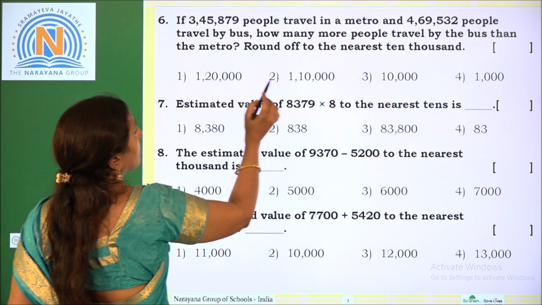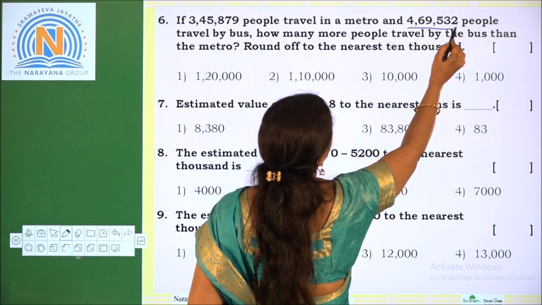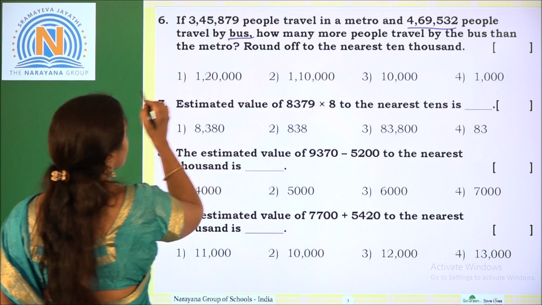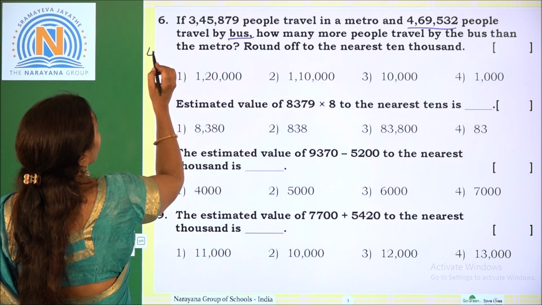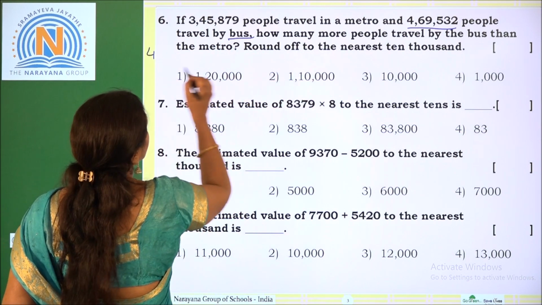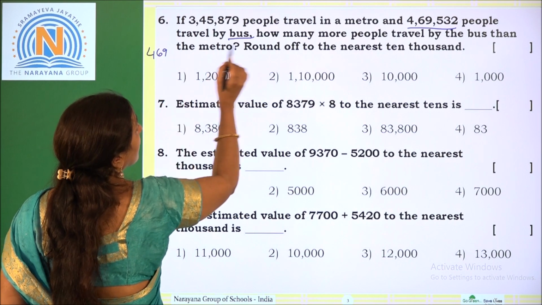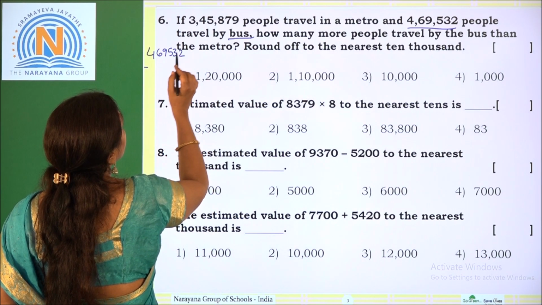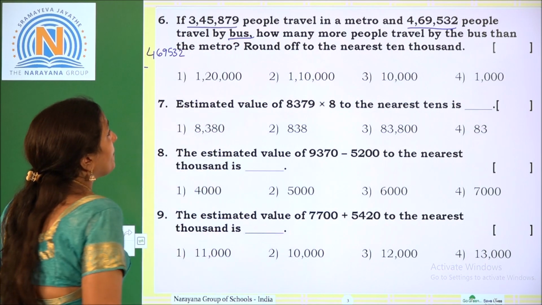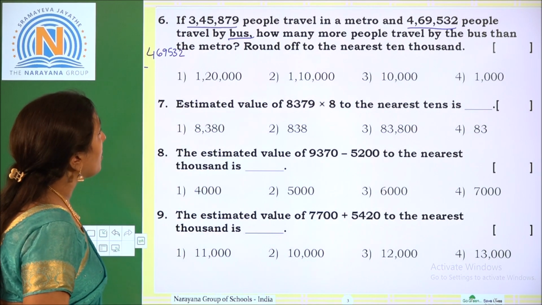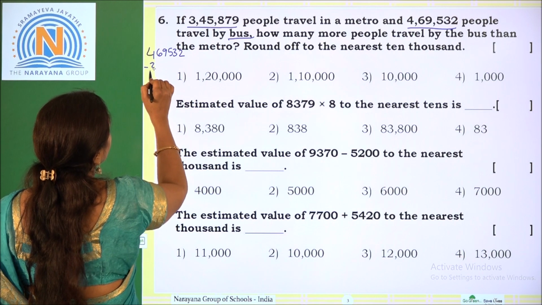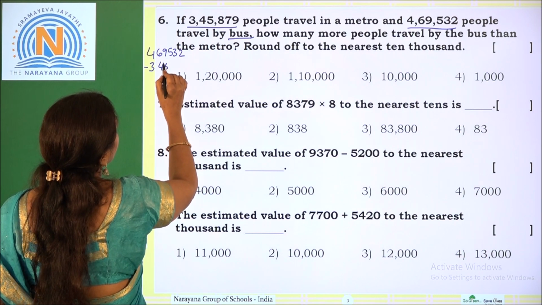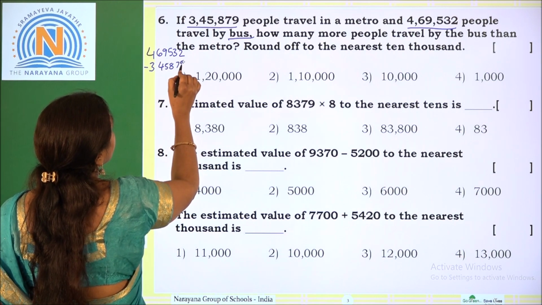How many people travelled by bus? 4,69,532. Minus how many people travelled in the metro? 3,45,879.